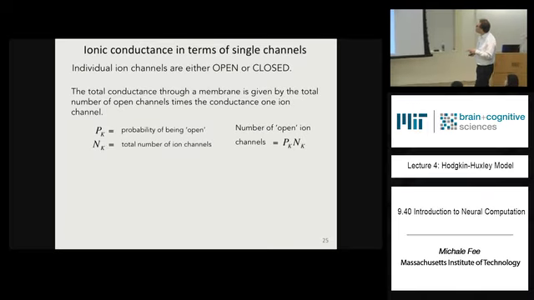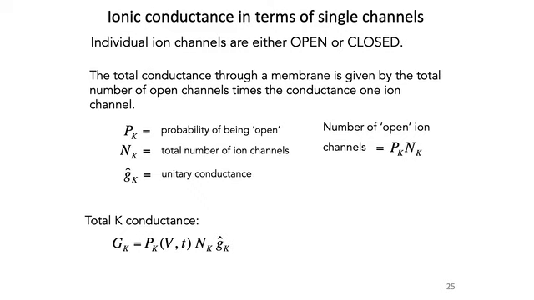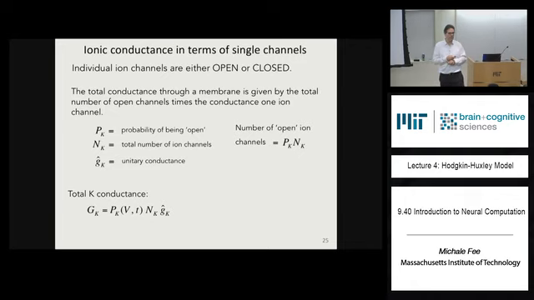The number of open channels is just the number of channels you have times the probability that any one of them is open. If G is the conductance of one open channel, then we can write down the total potassium conductance as the probability that any given ion channel is open times the number of channels times the conductance of one open channel. Does that make sense?